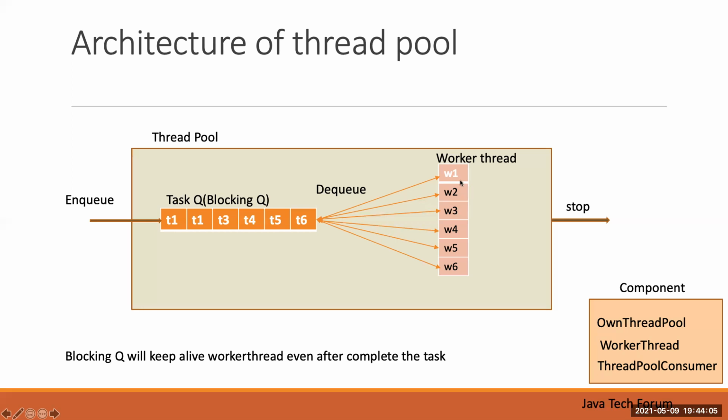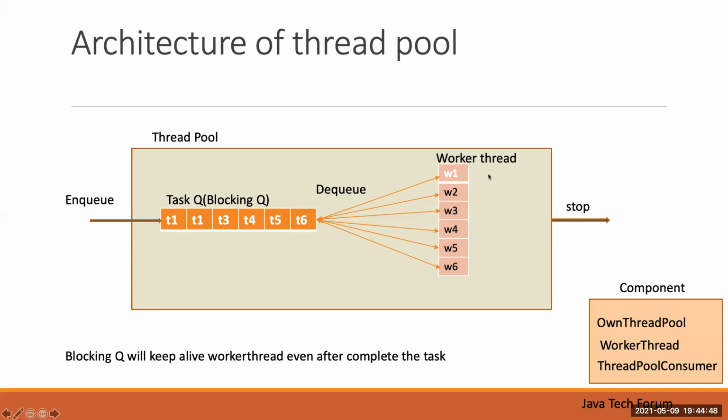Once my worker thread picks up one task and completes the run method, if I'm using a normal queue, a normal array collection, then once the run method is completed, it will terminate. By default, it will go to the terminated state.